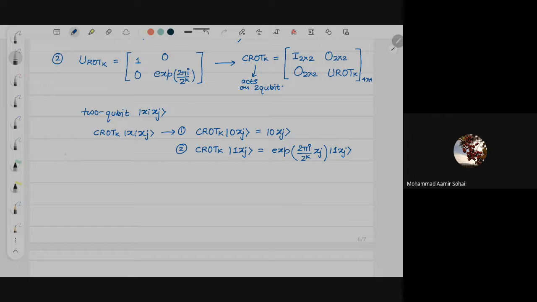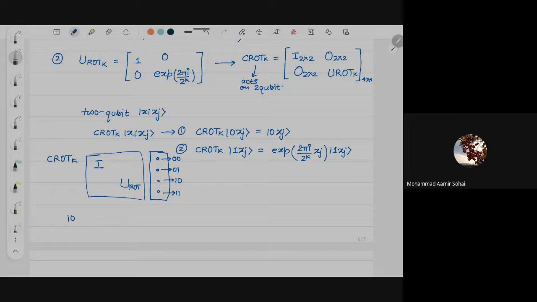But let's say C rotation is a matrix, right? So we have this I here and we have this U rotation here, and our state is a four-dimensional state. So the state can be anything, like this one is 0, 0, this one is 0, 1, this one is 1, 0, and this one is 1, 1.